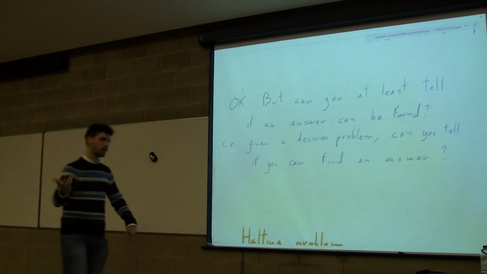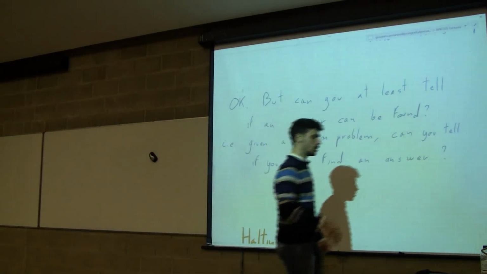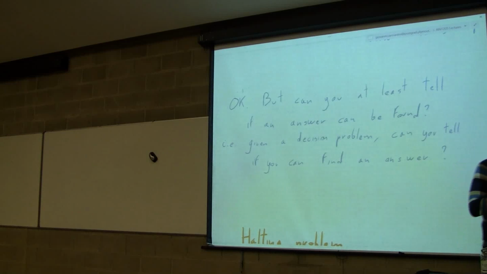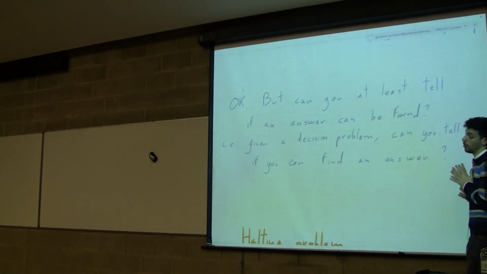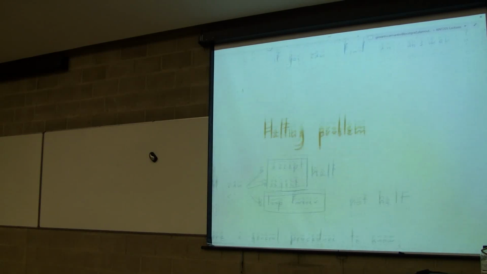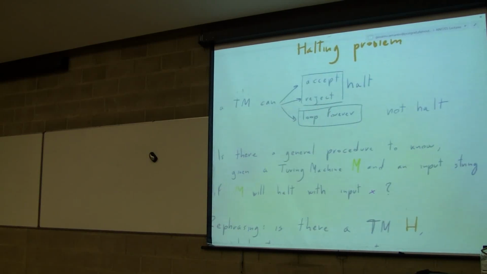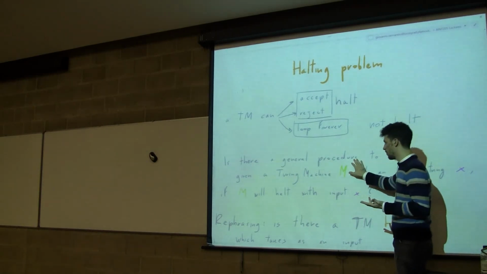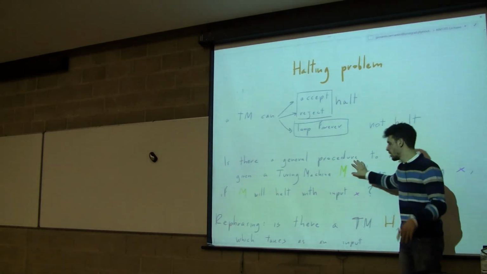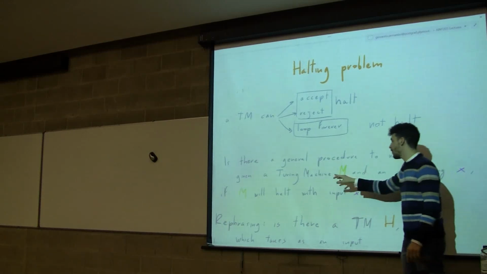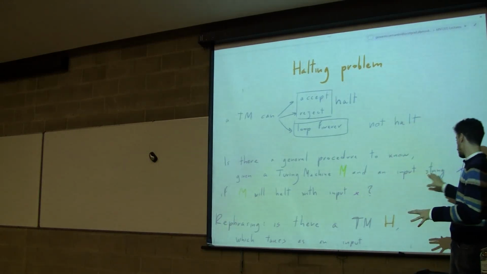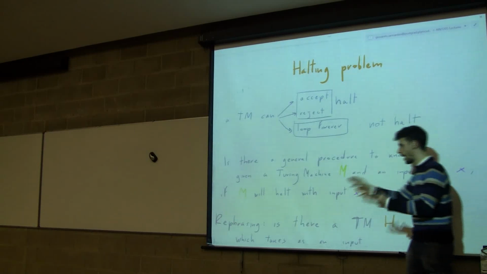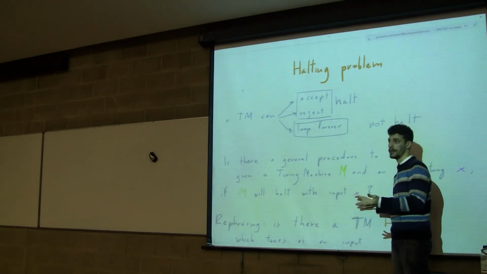Can you write an algorithm like that? So how do we make this more formal? Well, we have a formal definition of algorithm, which is that of Turing machines. So let's rephrase it. Is there a general procedure, so a Turing machine, to know, given a Turing machine M and an input string X, if M will halt with input X?